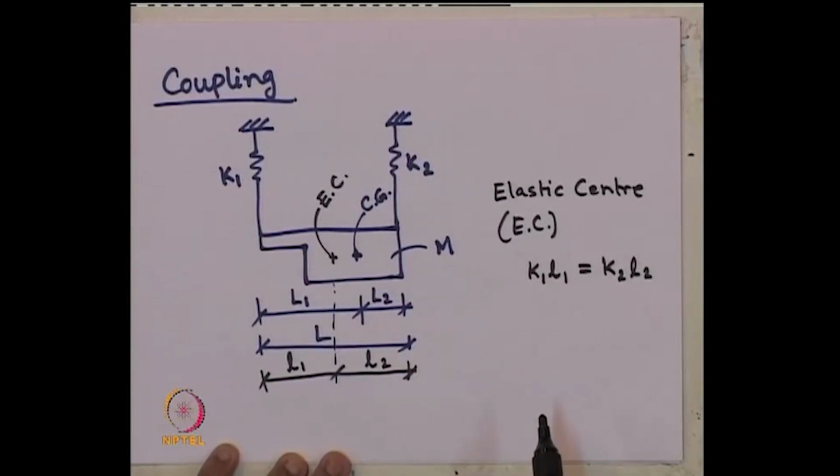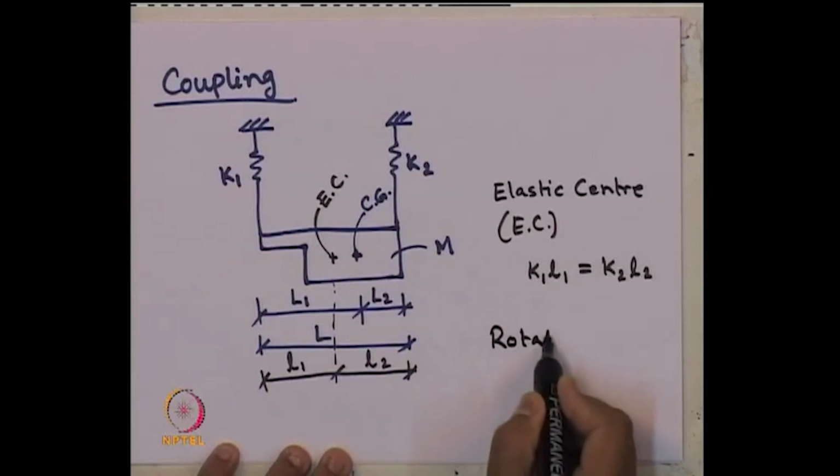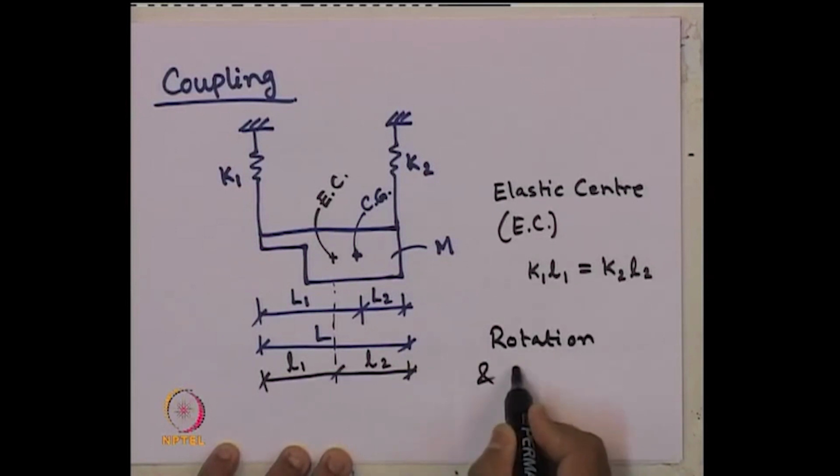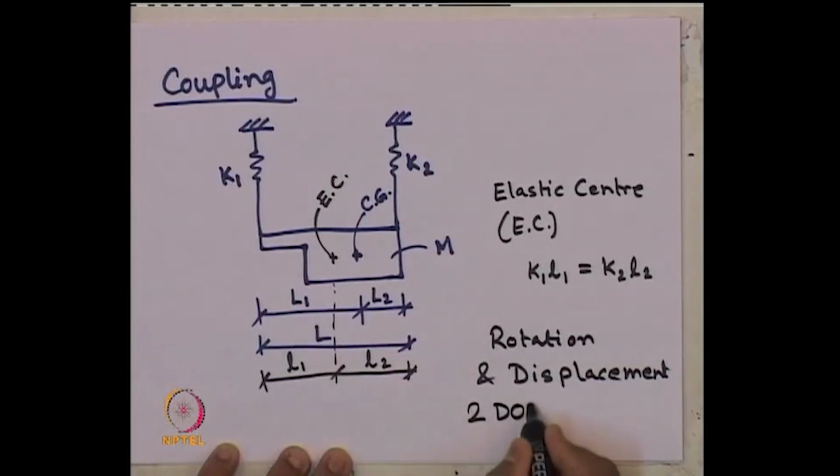Now, we will see that for this system, a 2 degree of freedom system, we are considering both rotation and displacement of the system, which gives us a 2 degree of freedom system.